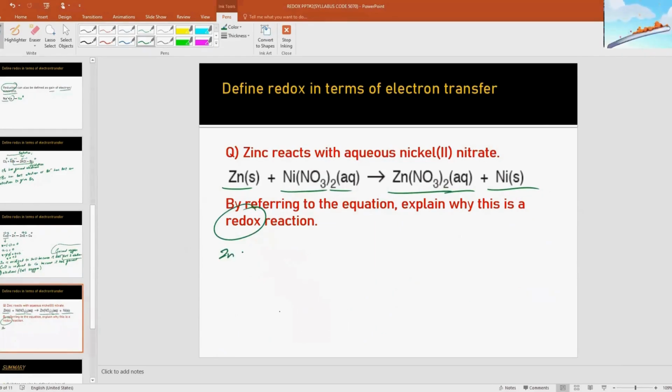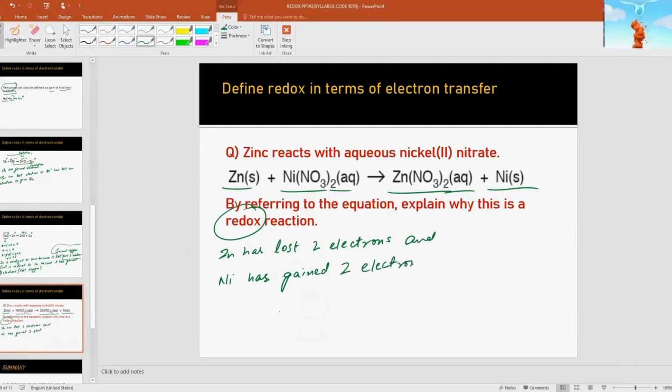Zn has lost 2 electrons and Ni has gained 2 electrons. So Zn is oxidized and Ni is reduced.